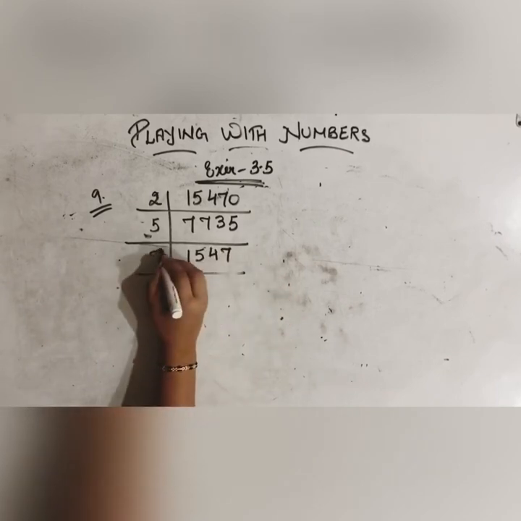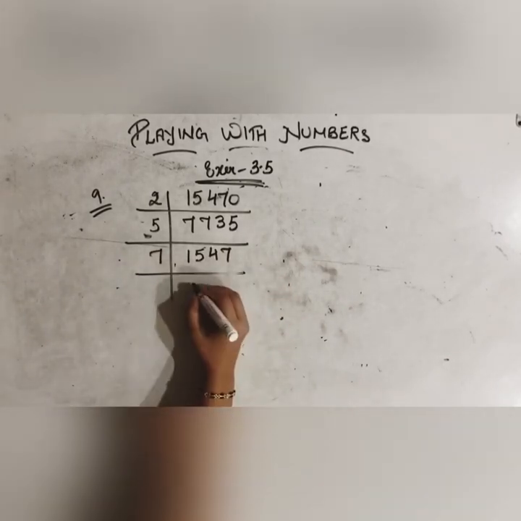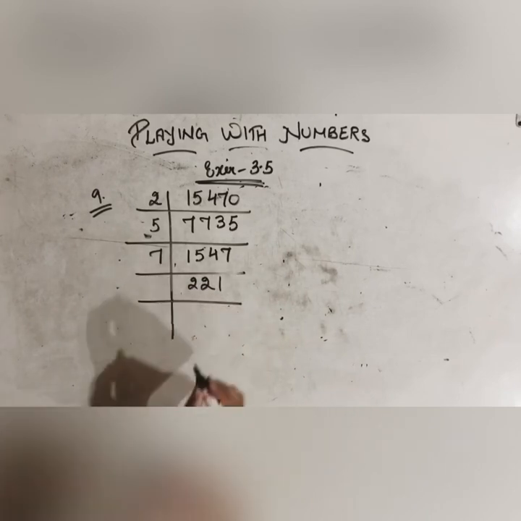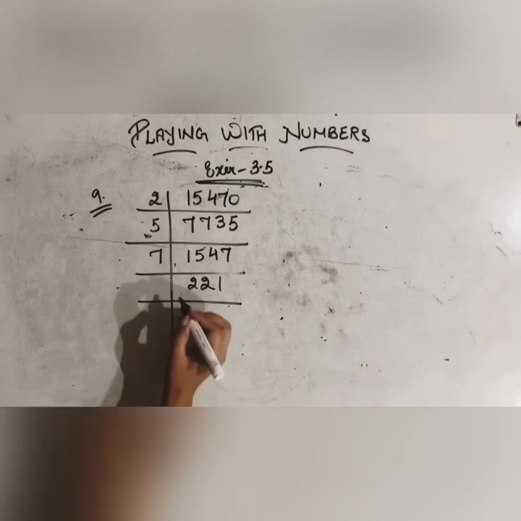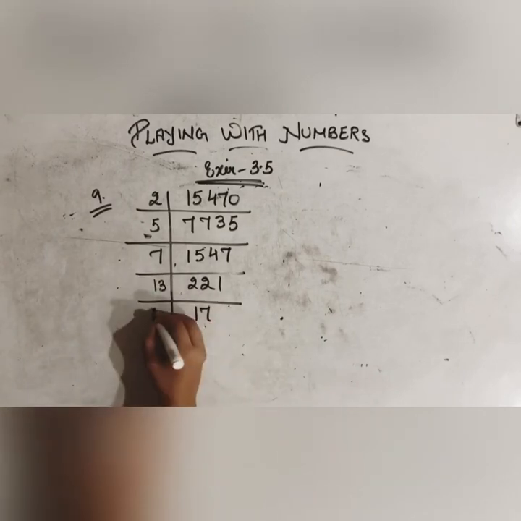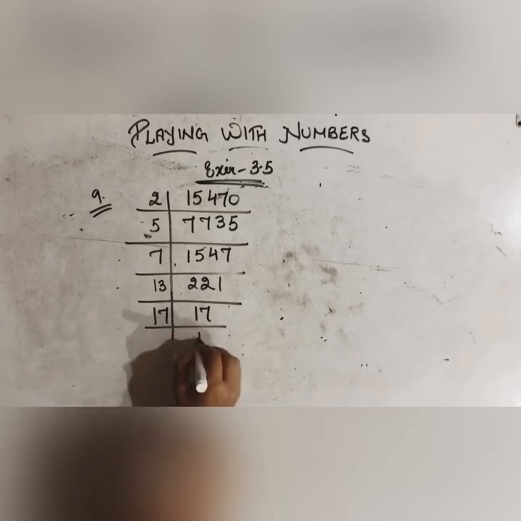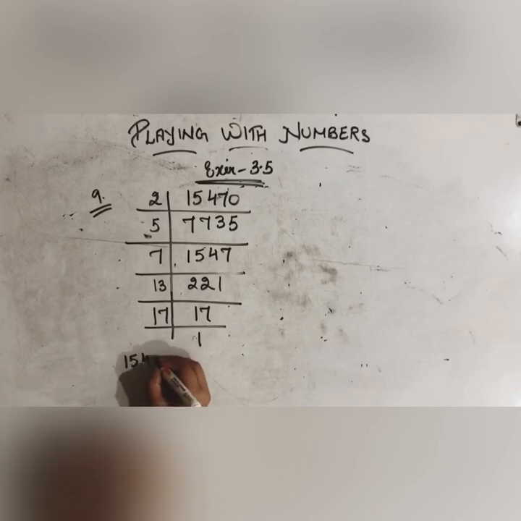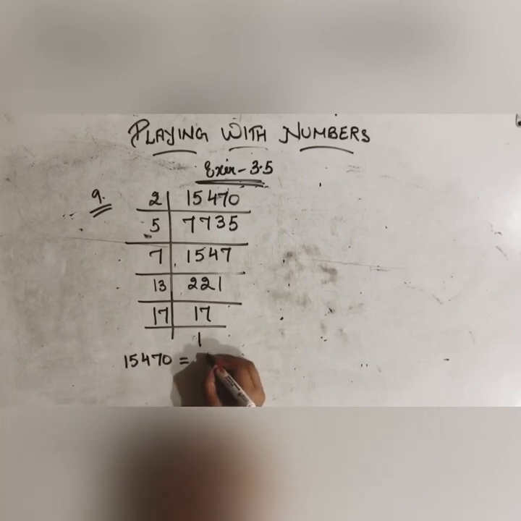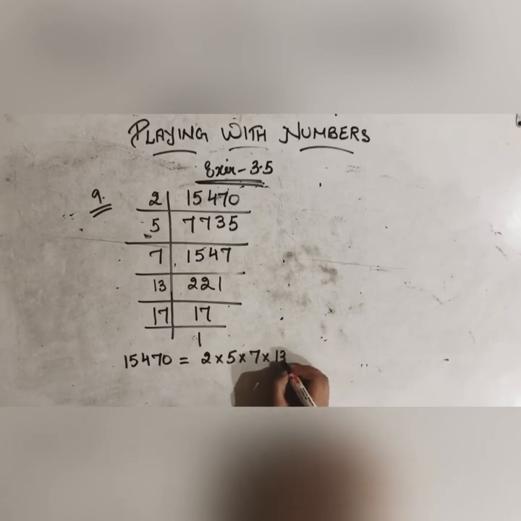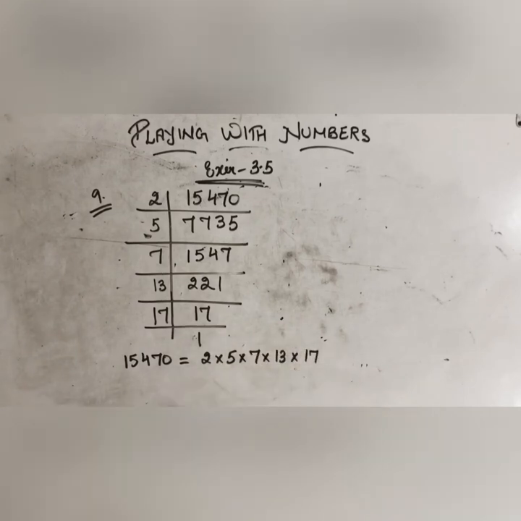Now next will be 7. 221. Again next will be 13. And next is 17. So the prime factorization of 15,470 is 2 into 5 into 7 into 13 into 17.